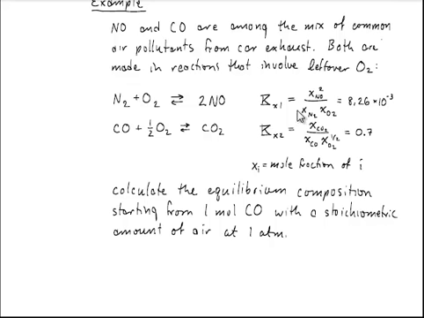This one for CO oxidation is going to go farther to the right because, of course, CO2 is an extremely stable compound. So Xi here in these expressions is the mole fraction of each of the species. What we're tasked with doing is to calculate the equilibrium composition of a mixture of N2, CO, and oxygen, starting with a stoichiometric amount of air for those compounds at 1 atmosphere.